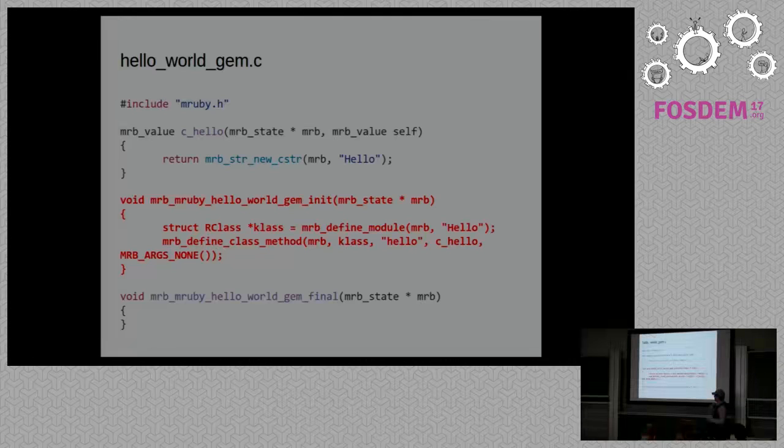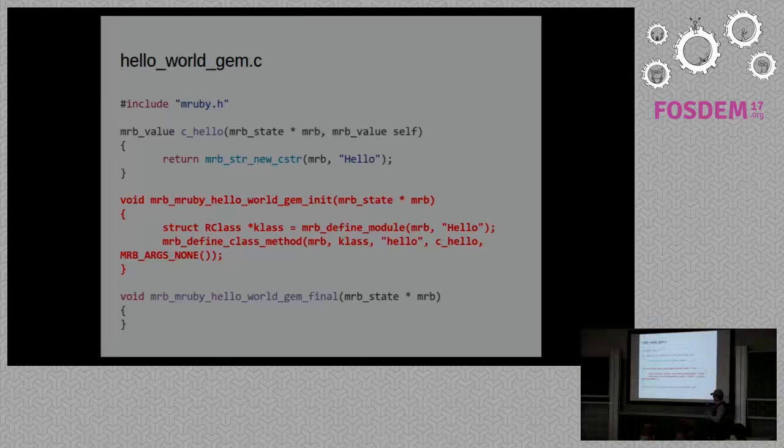And then I can define any number of class or instance level methods on top of it. I can define any other classes as well. And I'm making it call this other C function as the implementation, and then you have to specify the number of arguments. In this case, I don't have any, so I can use MRB_ARGS_NONE.